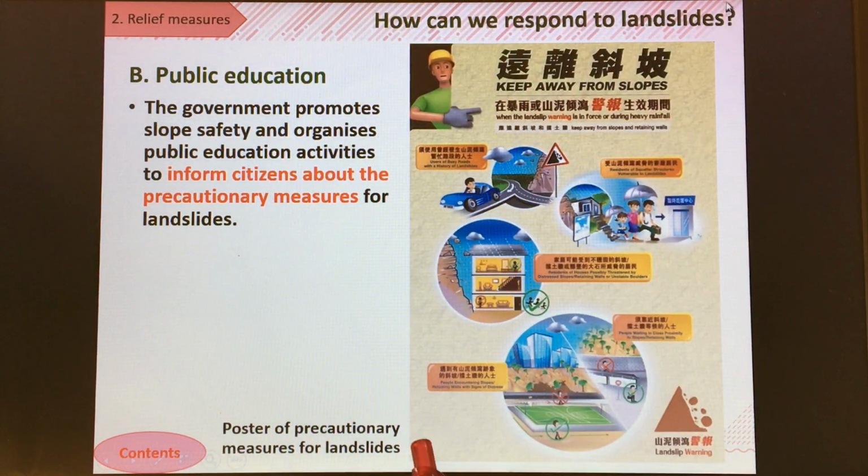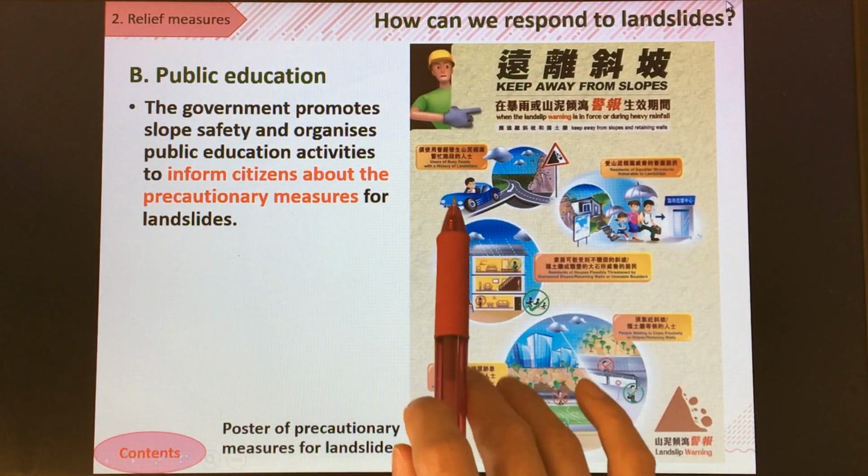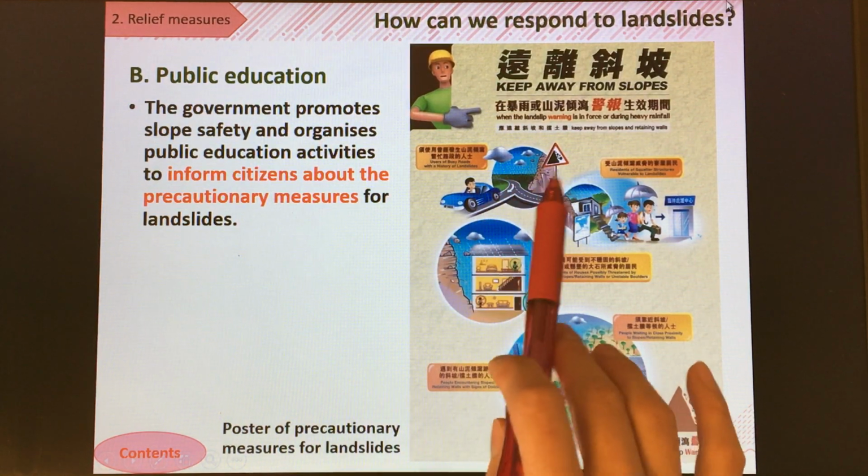Here they have some promotion telling drivers to stay away from the steep slope.